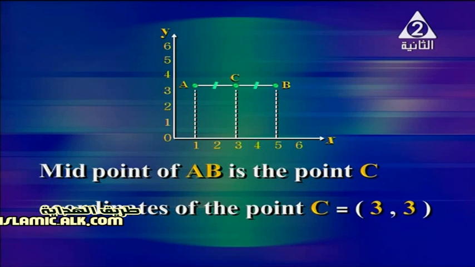What do you notice? Here you notice that to find the x coordinate, you are going to add 1 plus 5, and then the result will be divided by 2, as it is the middle, to obtain a result of 3. What about the y coordinate of the point C?